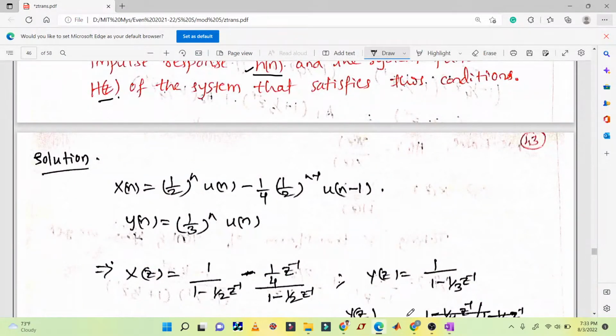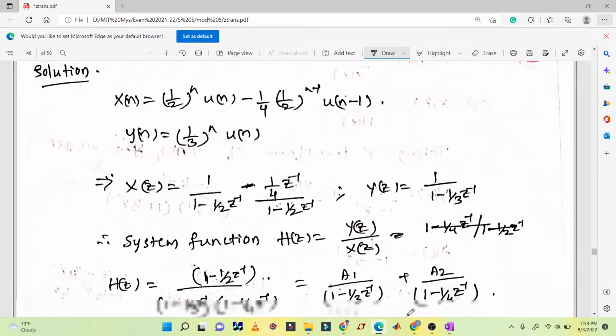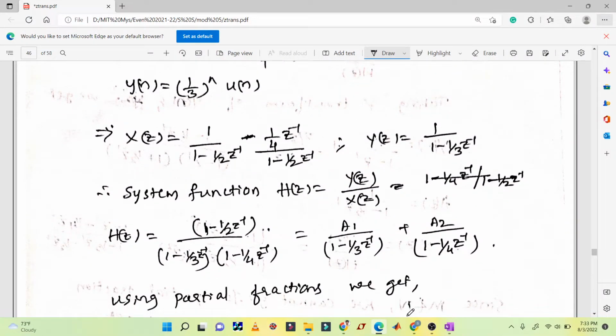Now we need to simplify this. After simplification, this is what we will get: 1 minus 1 by 2 z inverse divided by 1 minus 1 by 3 z inverse into 1 minus 1 by 4 z inverse. Okay, this is the answer we get after simplification.